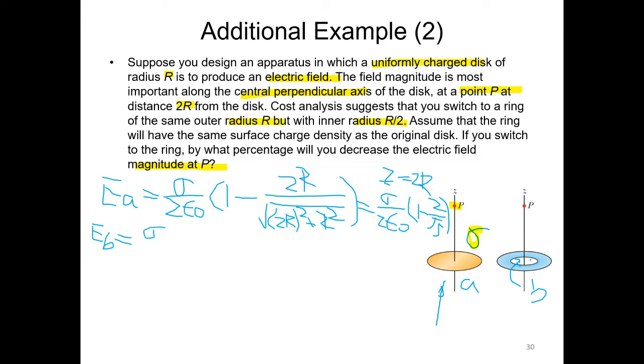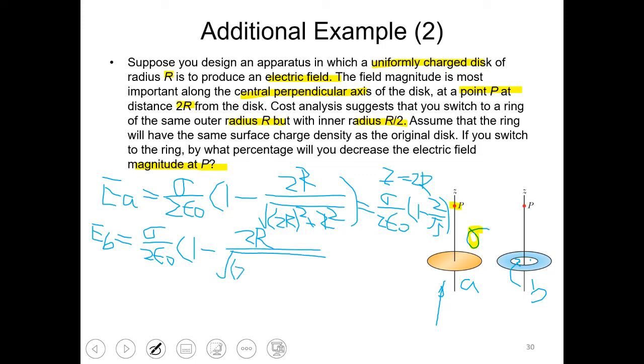So that E_B should be sigma over 2 epsilon 0 times 1 minus 2R, which is the Z, over the square root of (2R) squared plus (R/2) squared.